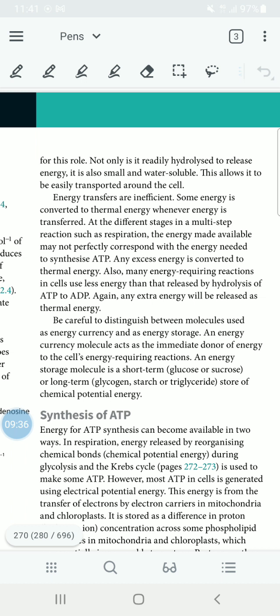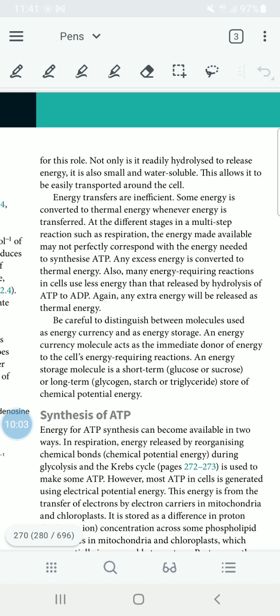At the different stages in a multi-step reaction, such as respiration, the energy made available may not perfectly correspond with the energy needed for synthesis of ATP. So that means the energy that is produced and converted into ATP is not going to be balanced with the amount of energy that is being released, because most of the energy is getting converted into thermal energy.